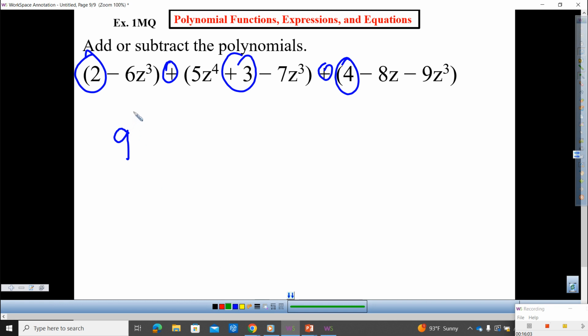What did you do next? 5z to the fourth, you went there? Okay. Are there any other z to the fourth, guys? No? Okay, so she brought that one down. So 5z to the fourth. Next.